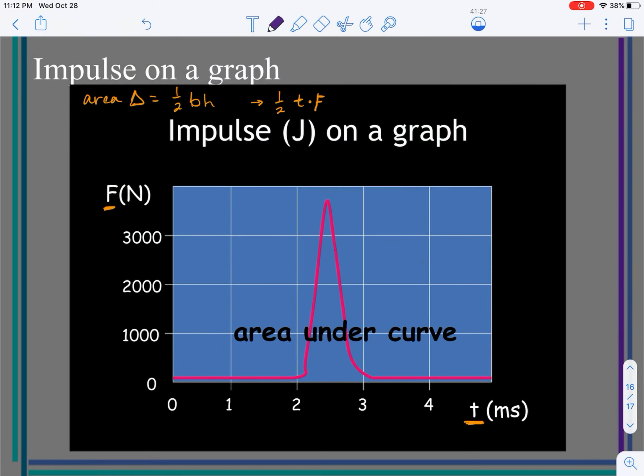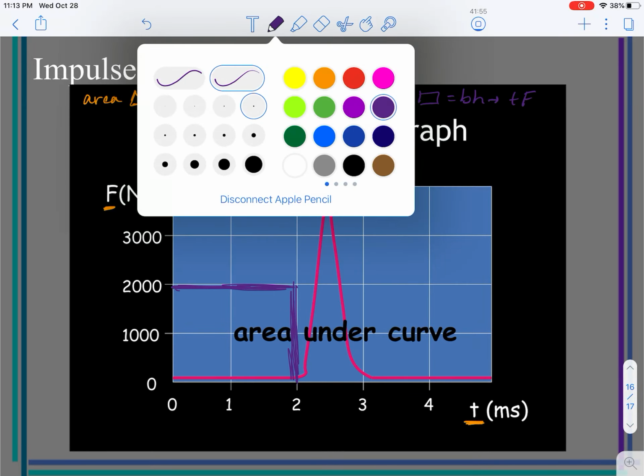If you were to be given a graph where we maybe do have a constant slope for some amount of time, and we were trying to find the area for this section, this would be a rectangle. So the area of my rectangle would just be base times height, but once again, this is simply force times time, okay?